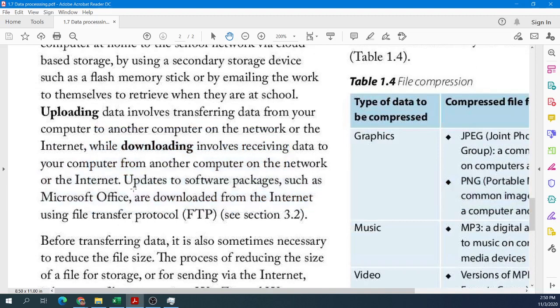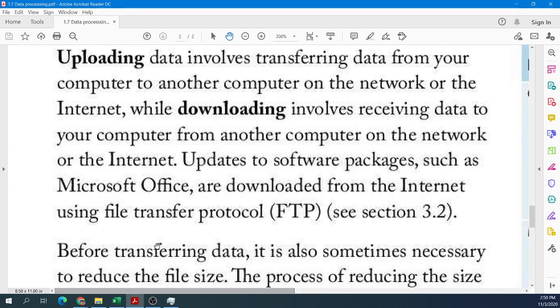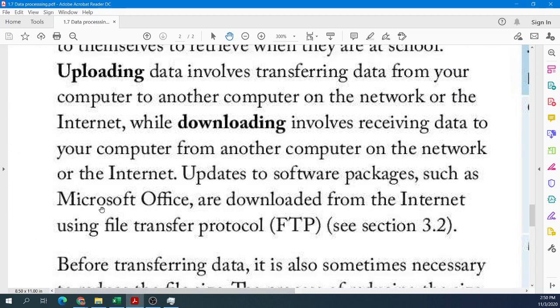Now, software such as Microsoft Office would download their updates using special software or programs. One example is a protocol called FTP, which is the File Transfer Protocol. This is something important for you to remember.